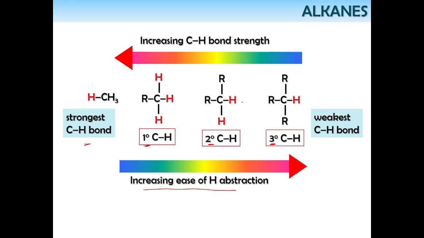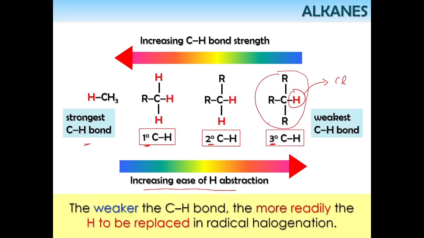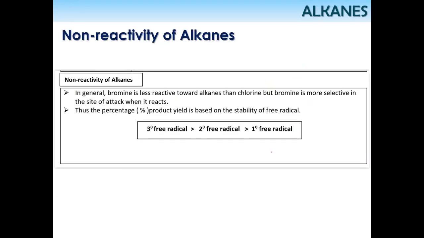Of course it refers to tertiary, because tertiary is the easiest to remove the H. This one you want to replace with Cl or X, so it is easier to remove. So the weaker the CH bond, the more readily the H is replaced in radical halogenation. So tertiary is the most stable and the more favorable product to be produced.